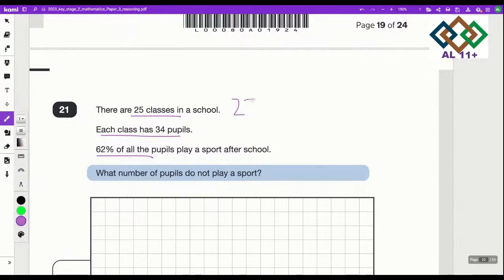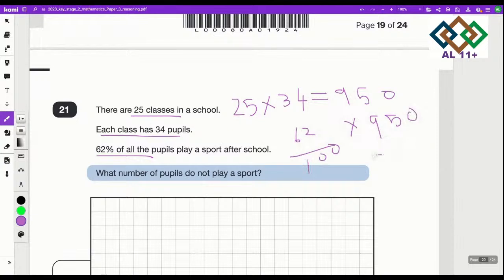First thing is multiply this by this, and that you will get 950. But we need to find how many don't play sports. Then you will just find 62% of 950. That is 589.